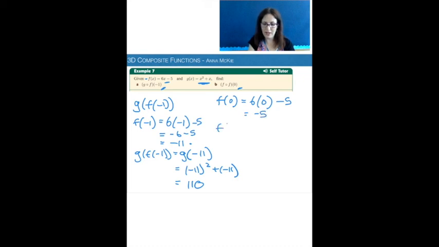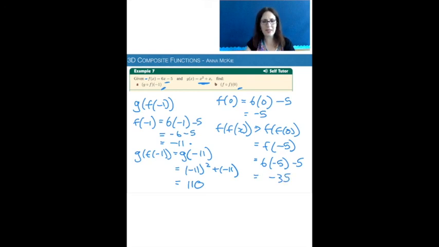Perhaps I should have put in f of 0, it gets a bit confusing there. f of 0 was -5, so now we want to put -5 into the f function. And the f function is 6 multiplied by -5, subtract 5, gives us an answer of -35. So it's practicing these skills here for composite functions.